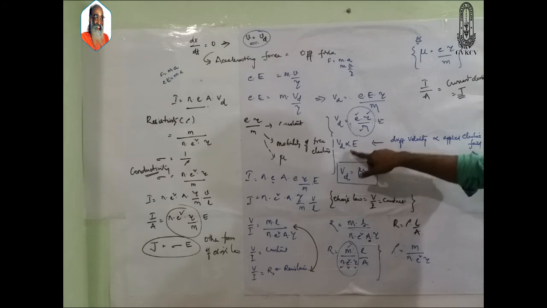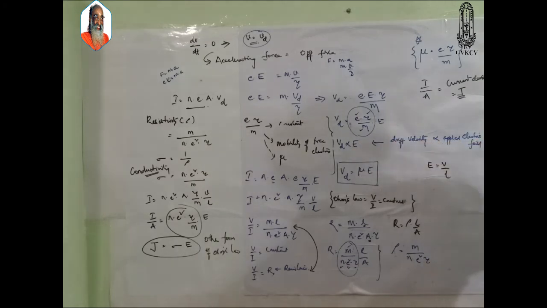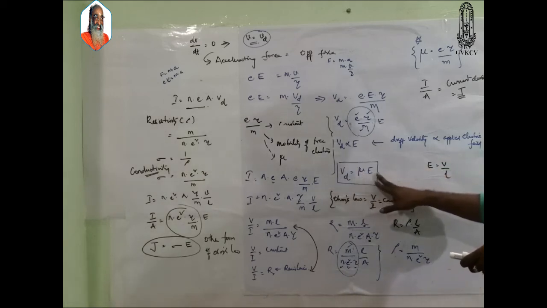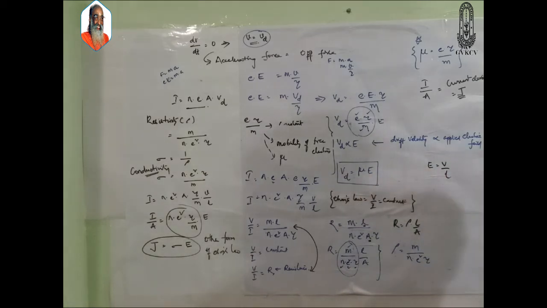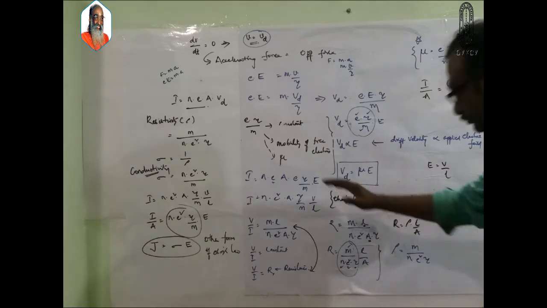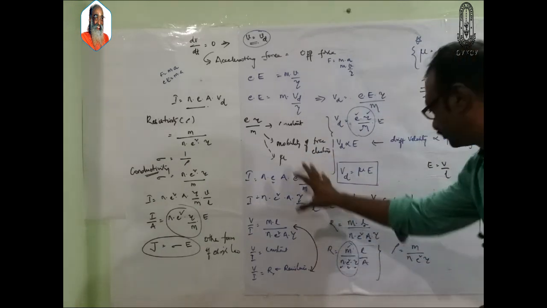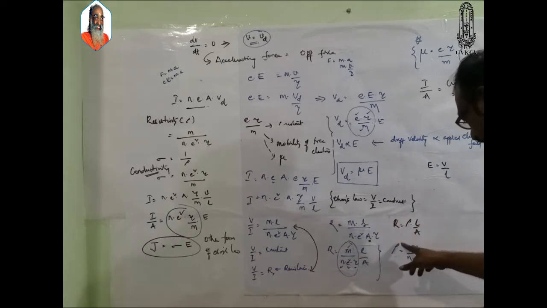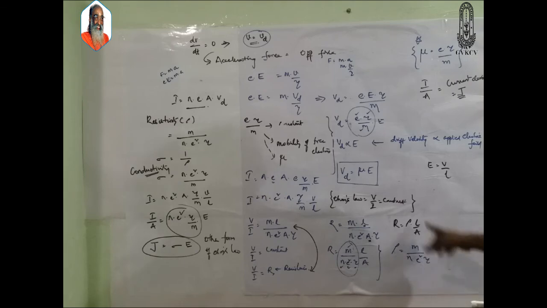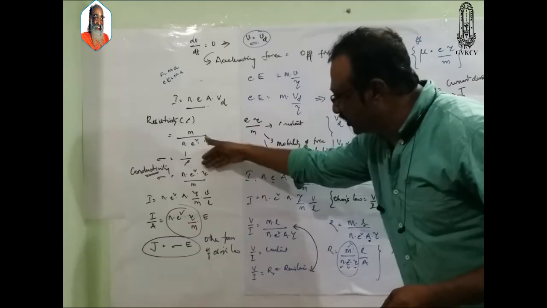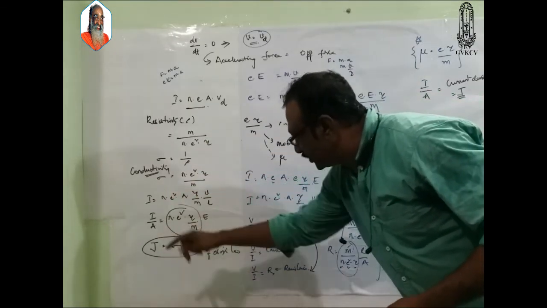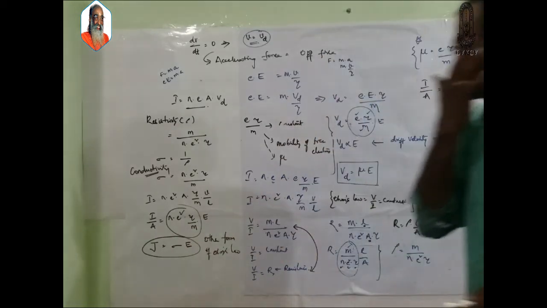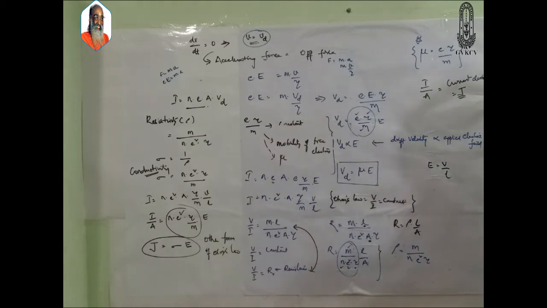Drift velocity is always proportional to the applied electric field, and the relation between drift velocity, mobility of free electron, and electric field is Vd is equal to mu E. And the resistance, we got this relation, and the resistivity in terms of this we got like this, and then the conductivity, and then I by A is equal to J. How J and E are related: J is equal to sigma E, and this is the other form of Ohm's law.